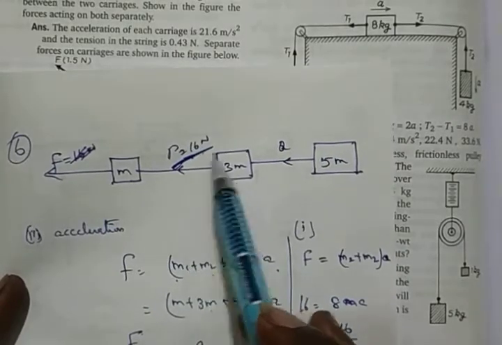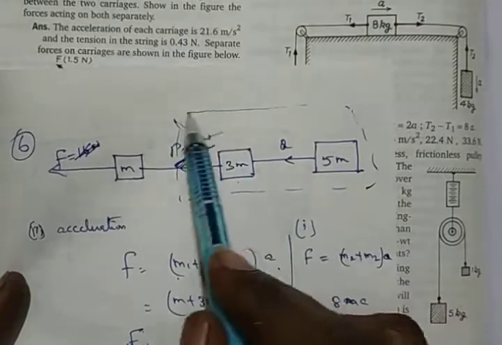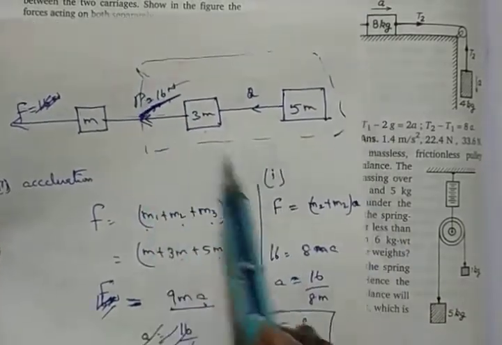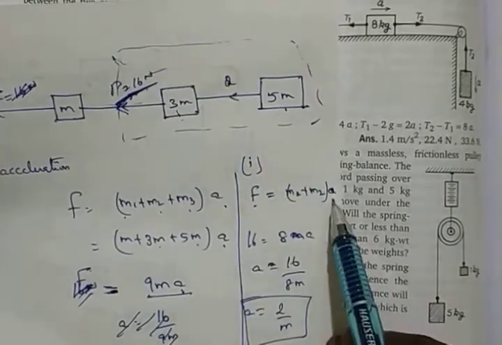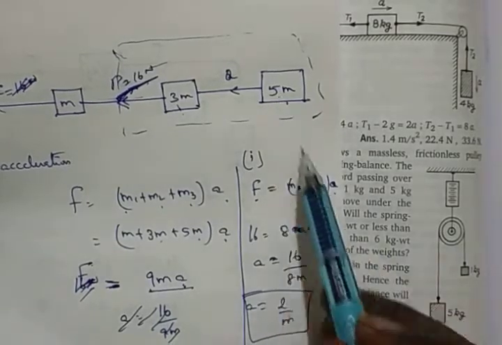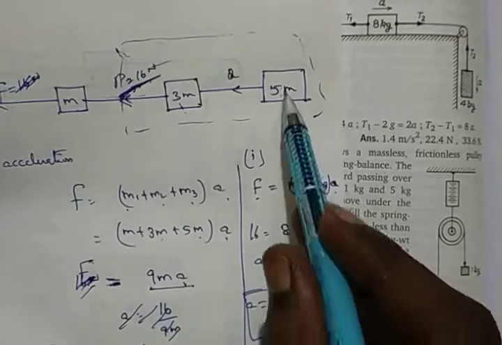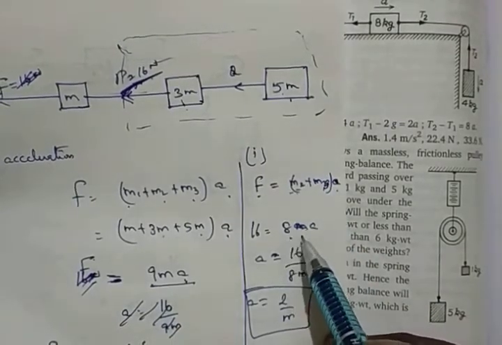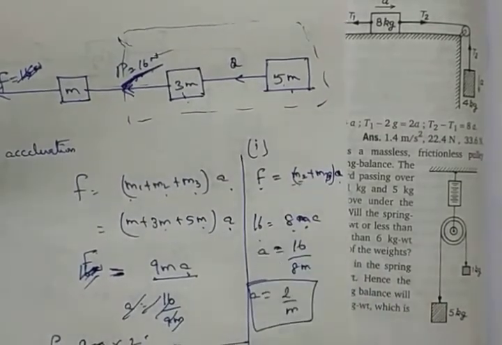Jumping into this part of the system, how does it move? Because of the 16 newton force. So 16 newtons is equal to m2 plus m3 times a. What is m2? 3m. What is m3? It's 5m. So 3 plus 5 is 8, 8m times a is equal to 16 newtons.